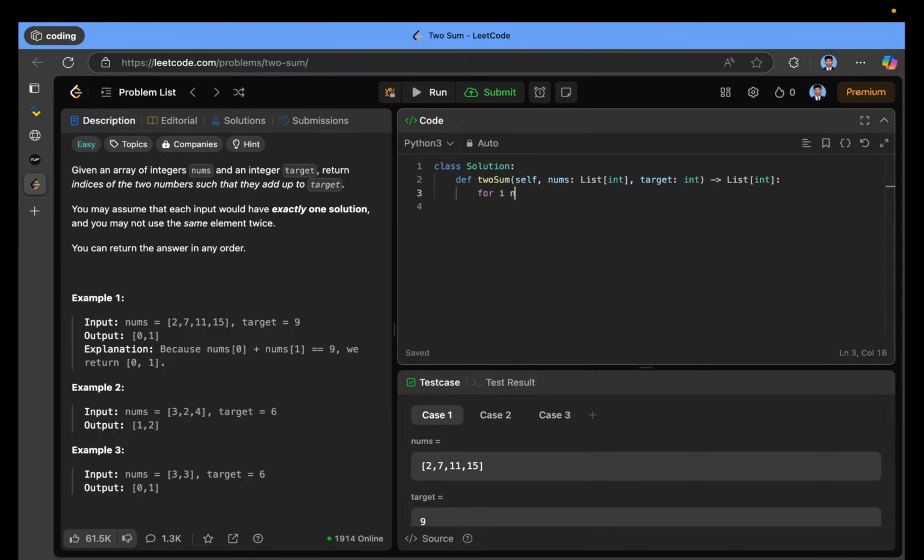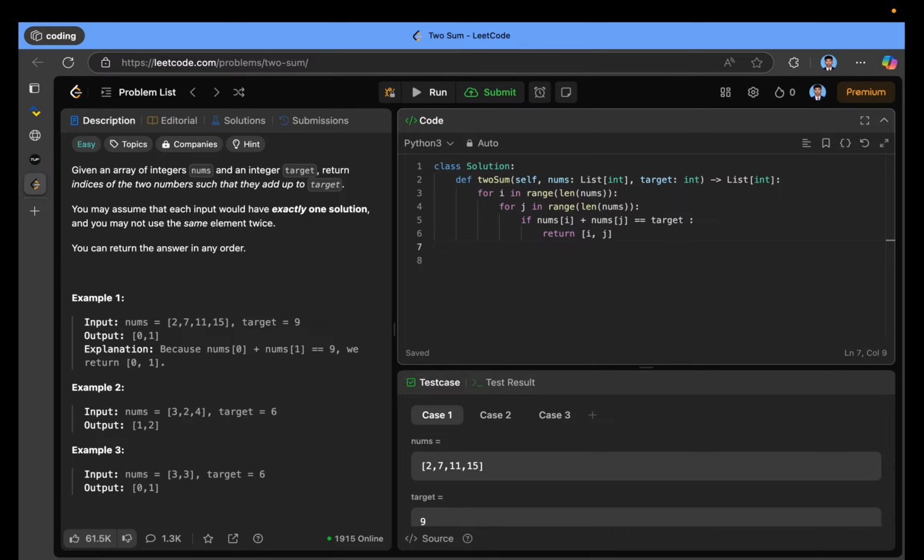So for i in range length of nums, and then for j in range length of nums, if nums[i] plus nums[j] is equal to target, return i comma j.